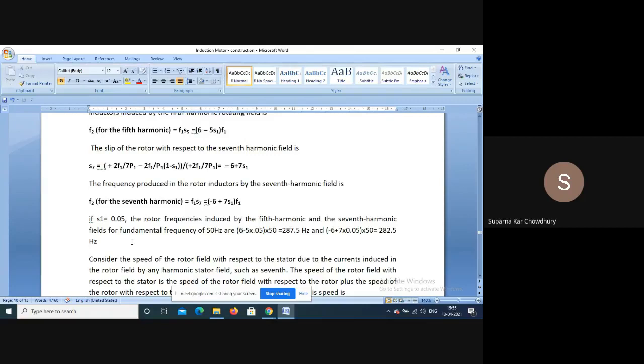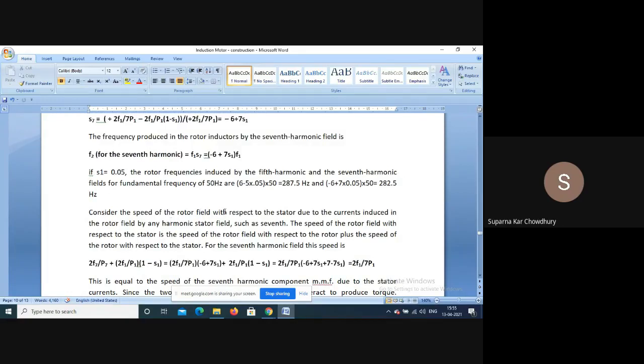Taking 0.05 as the average slip, with a fundamental frequency of 50 hertz, this will be 287.5 hertz for the fifth harmonic and 282.5 hertz for the seventh.